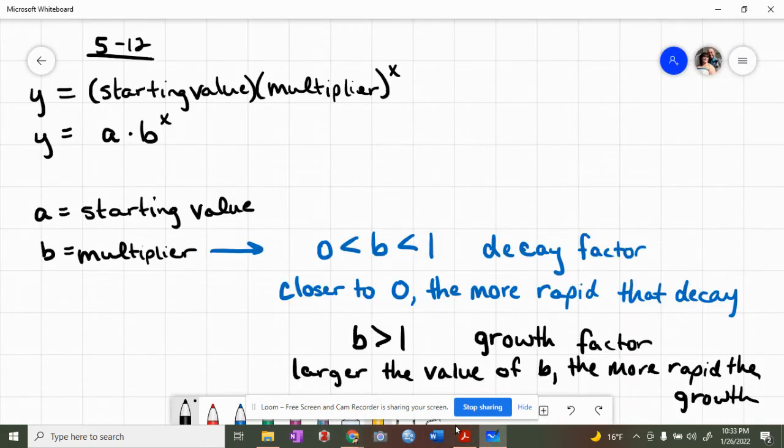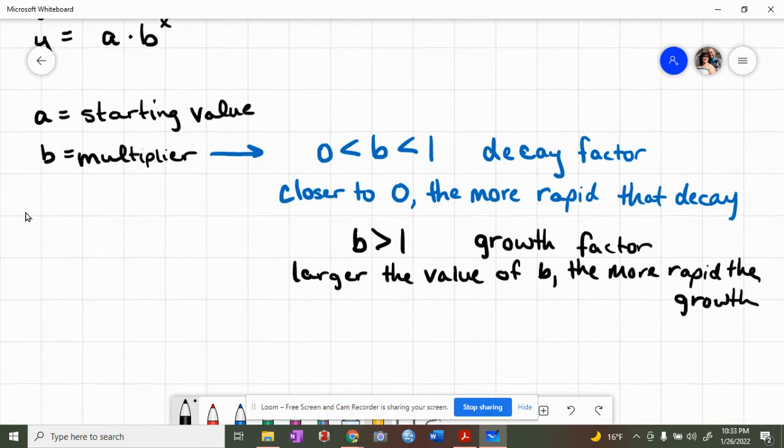So we can go back and summarize then that our a value determines the vertical intercept.